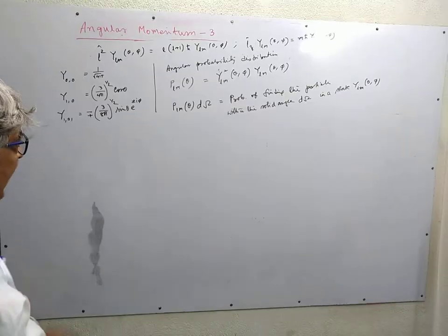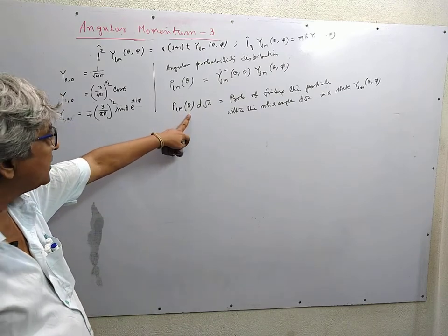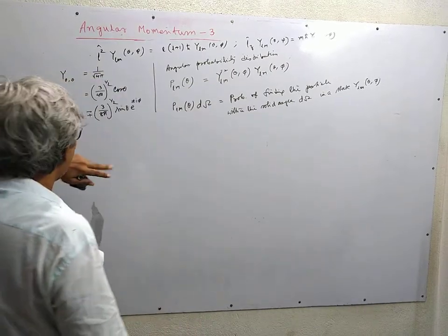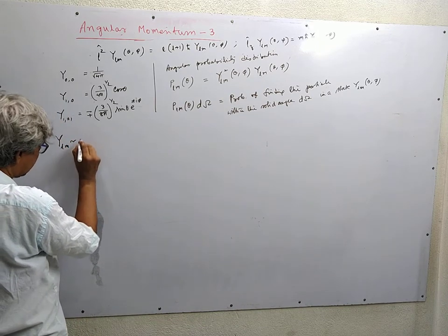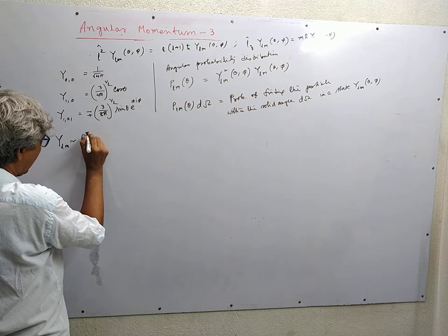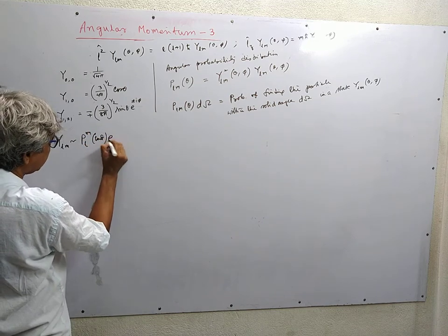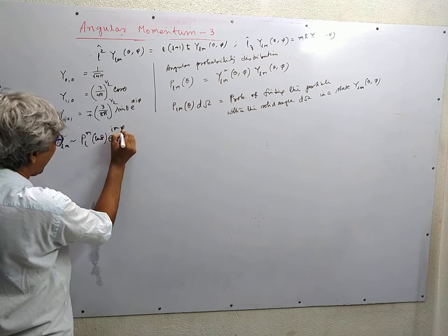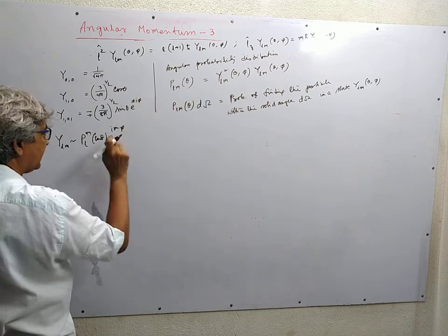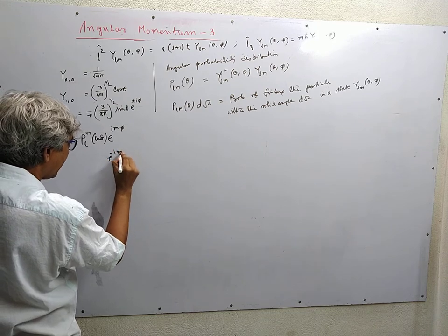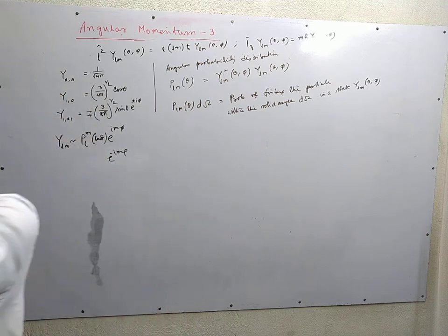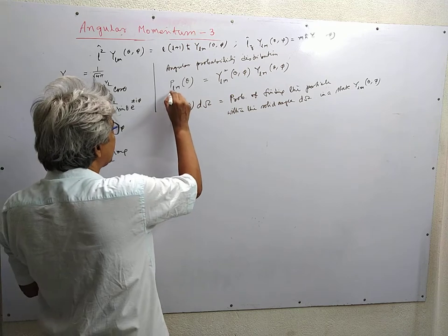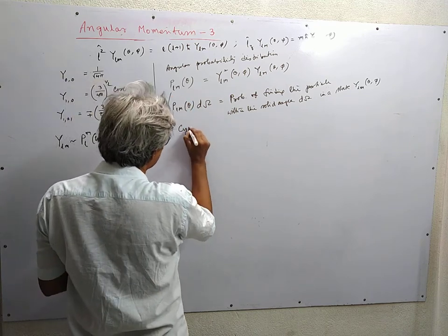The reason for writing it for theta only is that you know that Y l m, the spherical harmonics, is P l m cos theta times e to the power i m phi. Whenever we take the star of it, it becomes e to the power minus i m phi, and when we multiply these two, the resulting quantity becomes phi independent. So it has cylindrical symmetry.